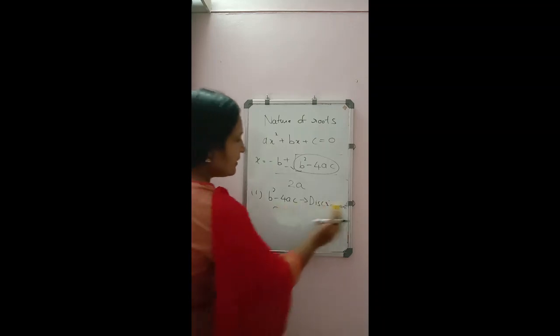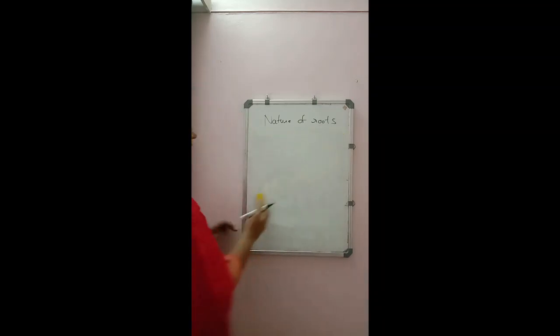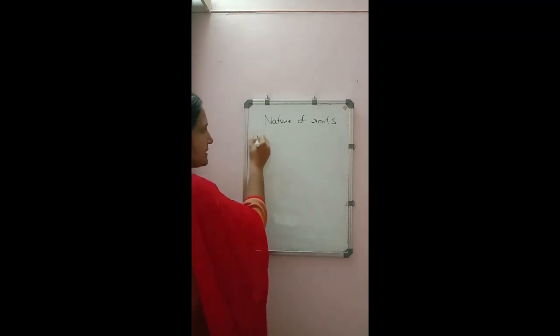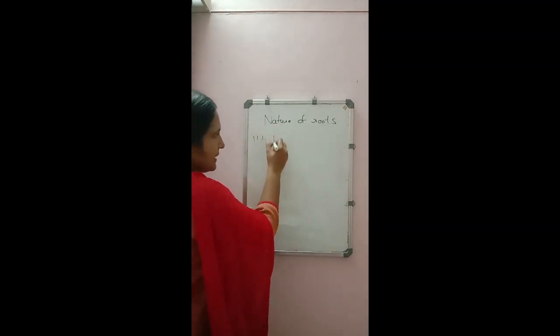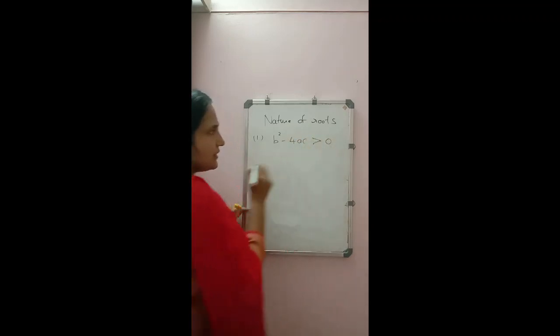Now we will check what will be the nature of roots according to the value of b square minus 4ac. So the first condition: if b square minus 4ac is greater than 0.